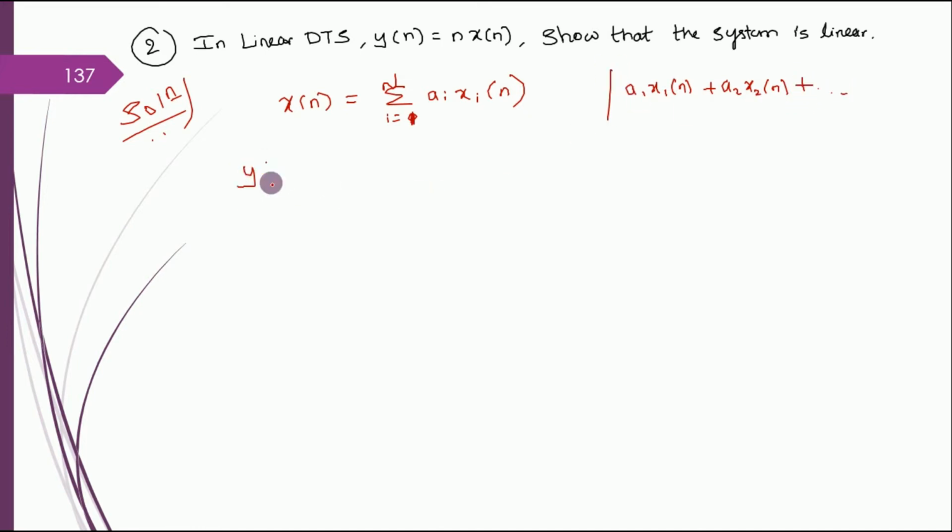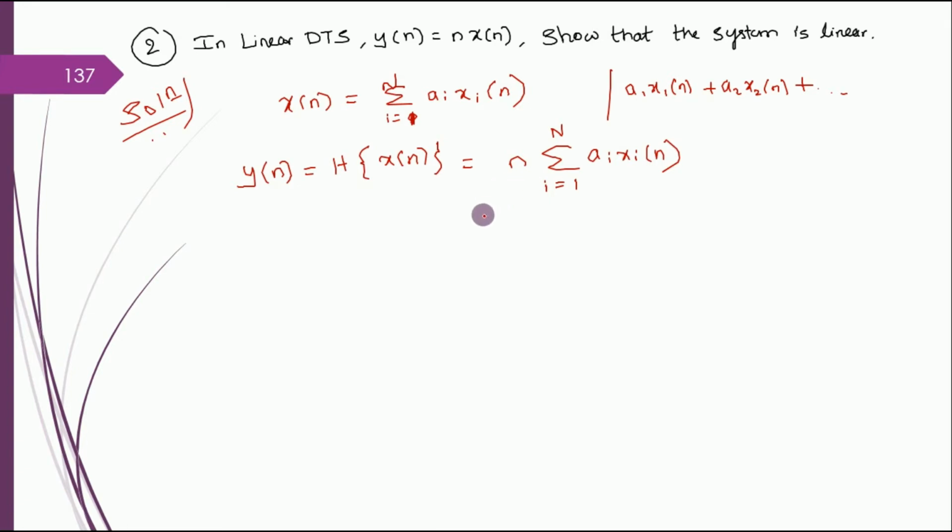Now I apply the system. y of n is equal to h of x of n. The meaning is I have to apply this. So what do you get? n into n is a scaling factor kind of thing. I'll take it here: summation i is equal to 1 till n of ai xi of n.